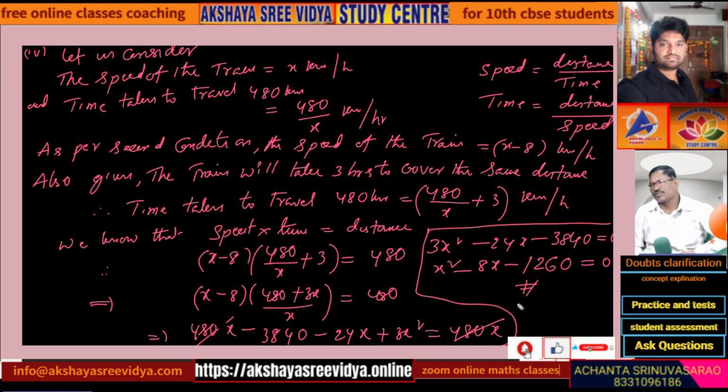Therefore, 3x square minus 24x minus 3840 is equal to 0. Dividing throughout by 3, we get x square minus 8x minus 1280 is equal to 0.